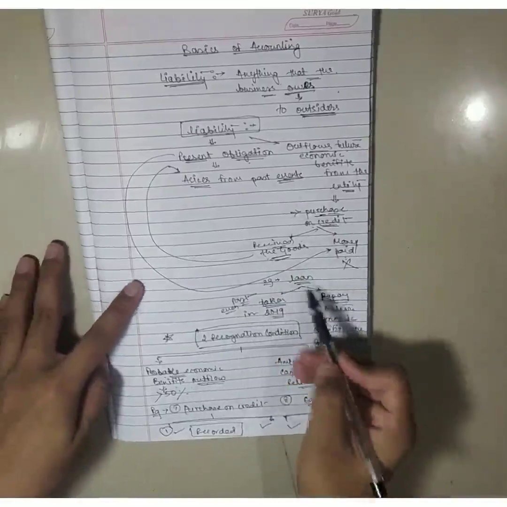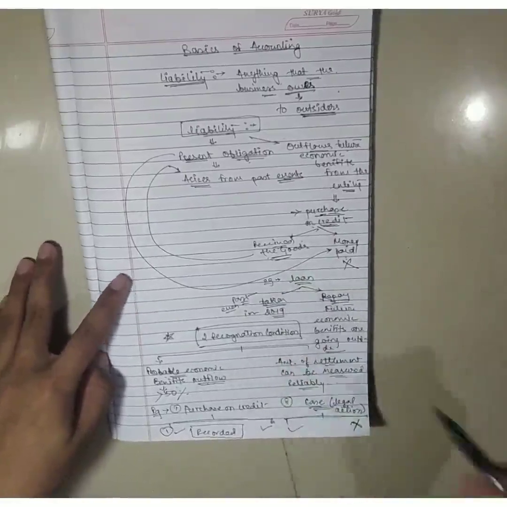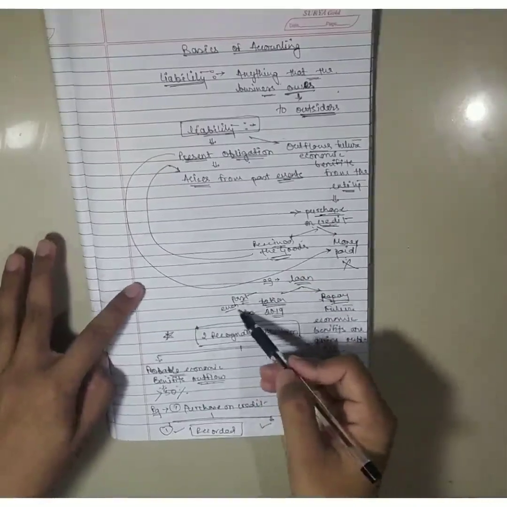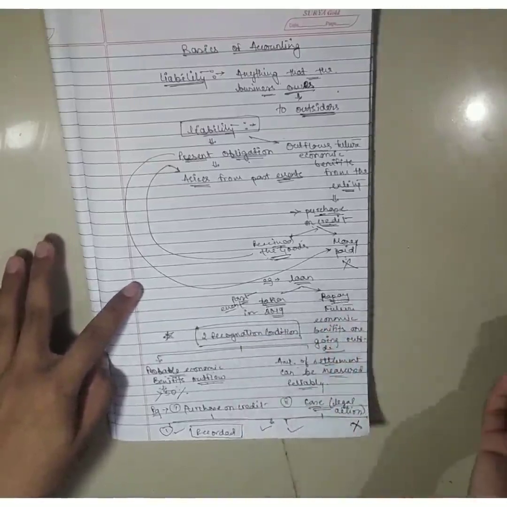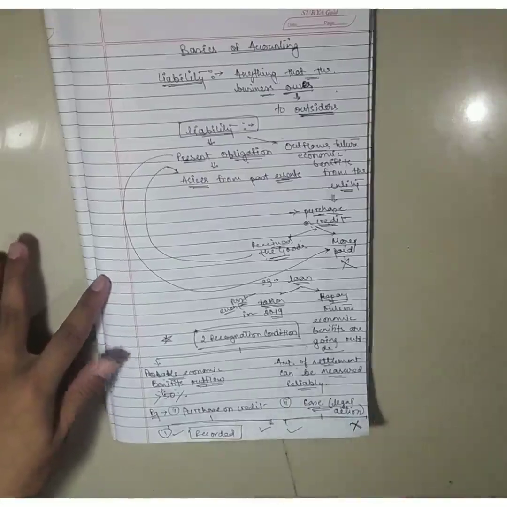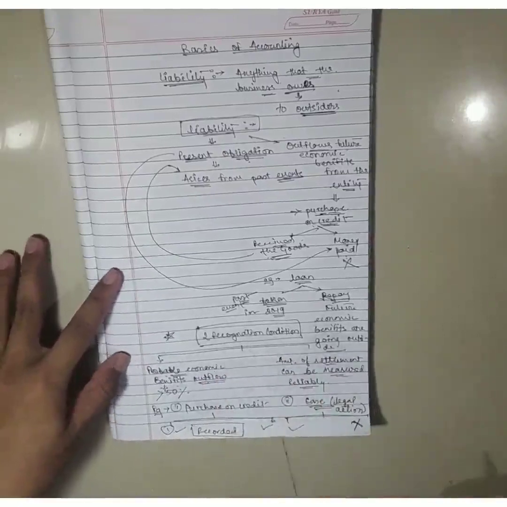The next example we have taken is a loan. Same thing. It is taken in the last year. So it is a past event, and we have to repay in the near future. So it is a present obligation, right? After that we discussed the two recognition conditions.